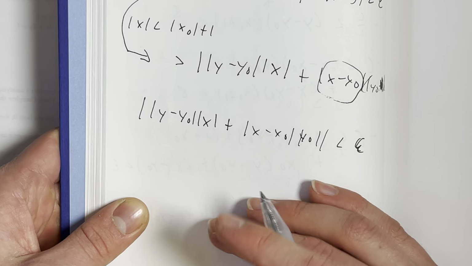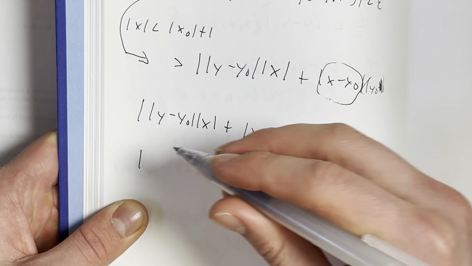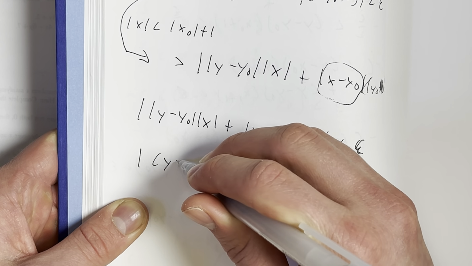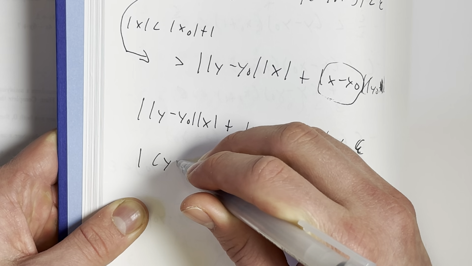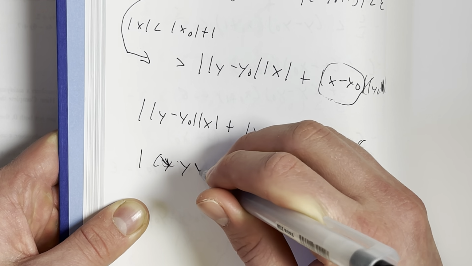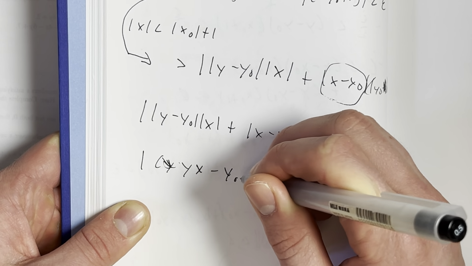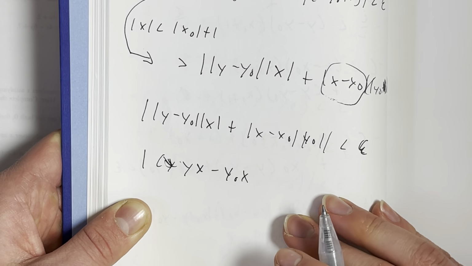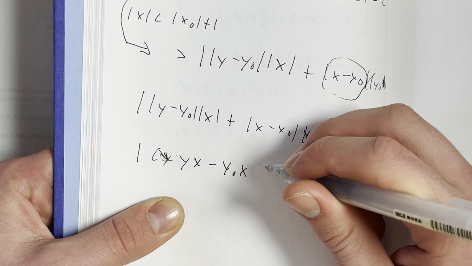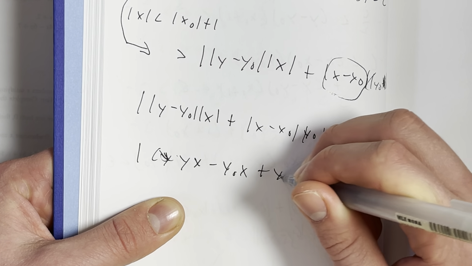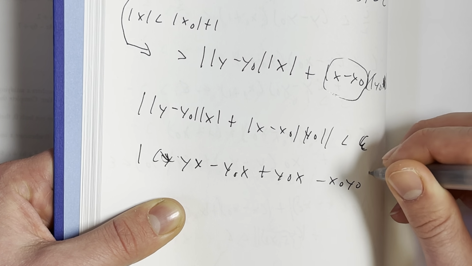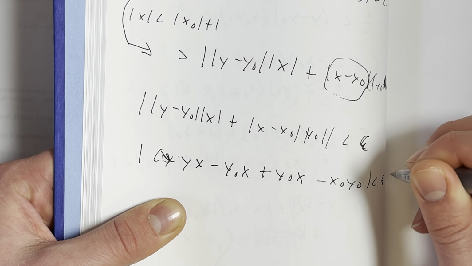And so yx minus y0x plus y0x minus x0 y0 is less than epsilon.